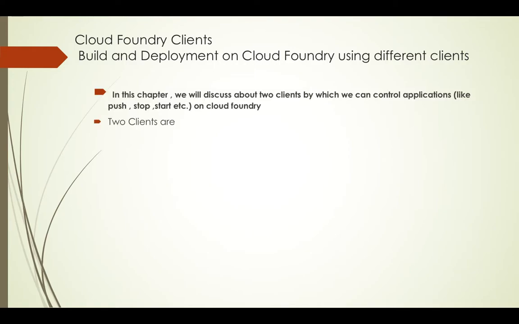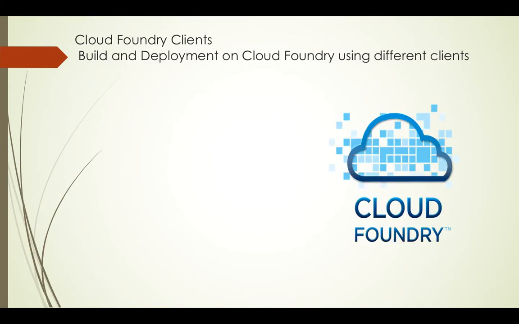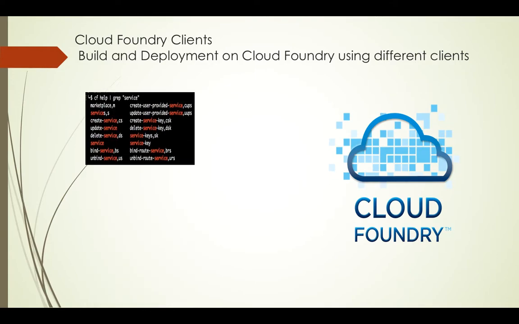The two clients are basically, one is the STS plugin, and another client is CF CLI, which is a command line plugin. How basically do the Cloudfoundry and the clients interact? The CF CLI client looks like this, and the STS client, you all know.